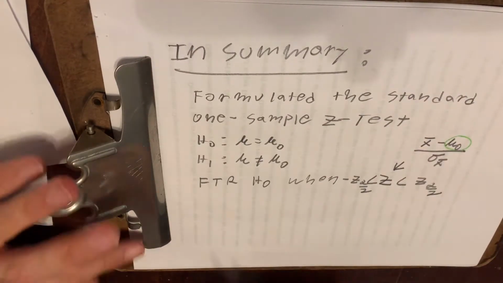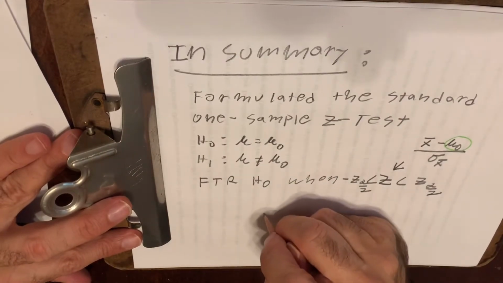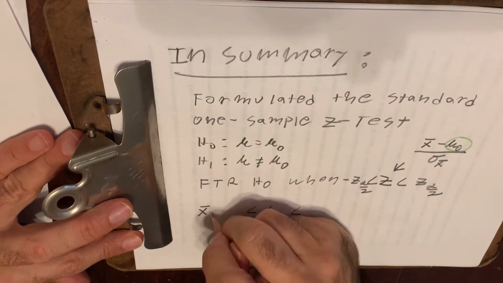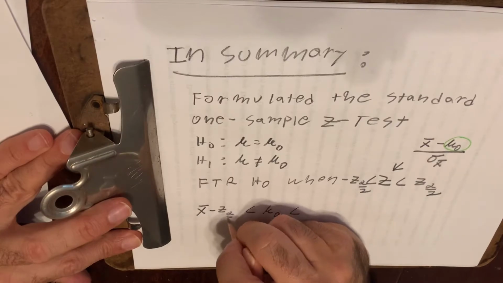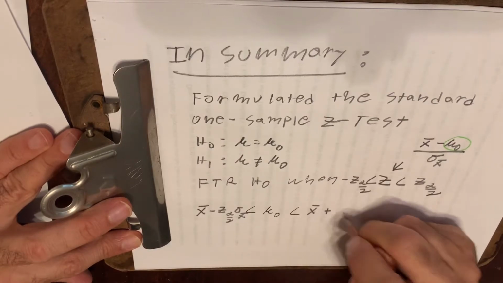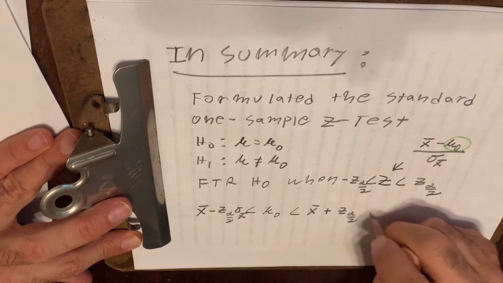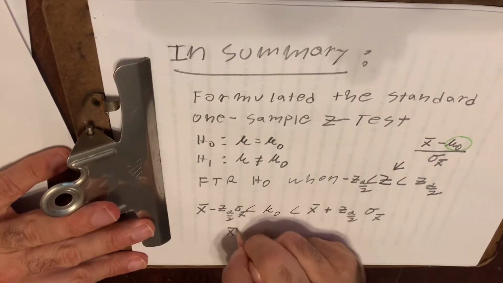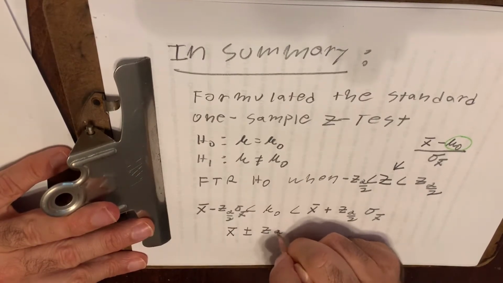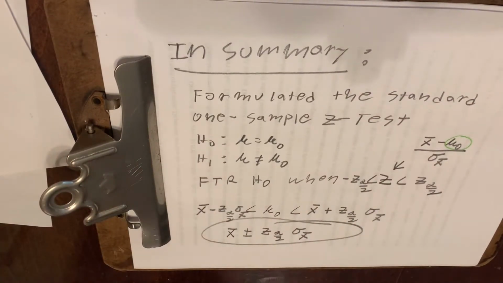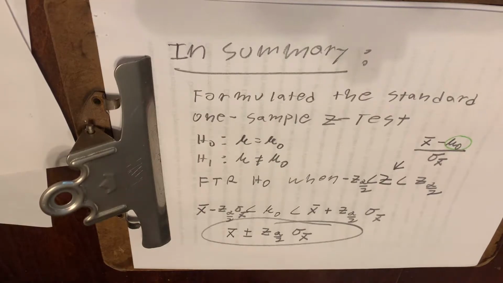And what we got was that mu naught was between x bar minus z sub alpha over 2 sigma sub x bar and x bar plus z sub alpha over 2 sigma sub x bar, which is the same confidence interval formula, x bar plus or minus z sub alpha over 2 sigma sub x bar, that same two-sided confidence interval formula that we always had, that we were given kind of by fiat, really.